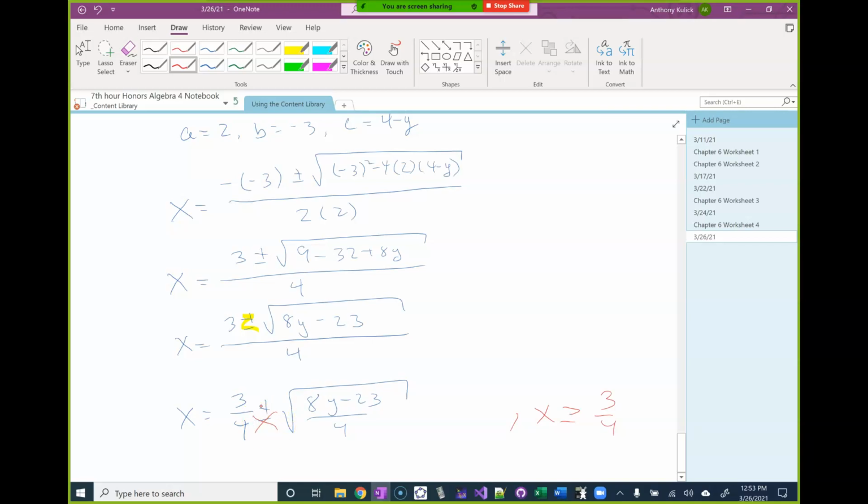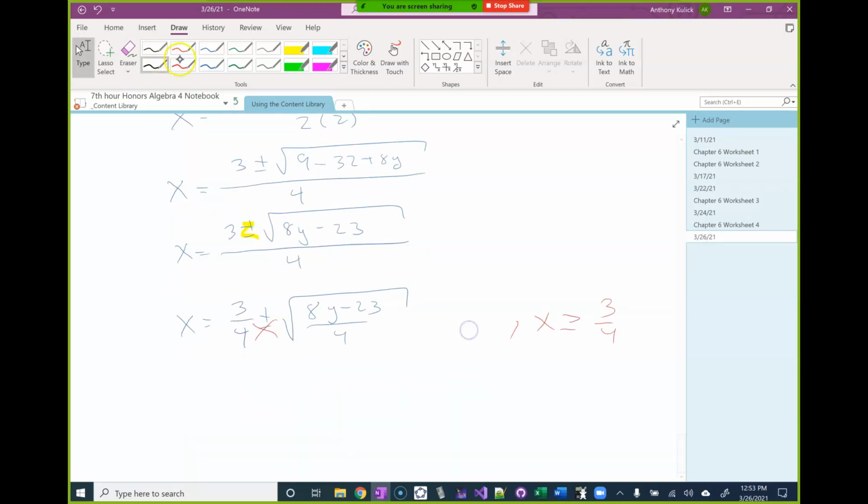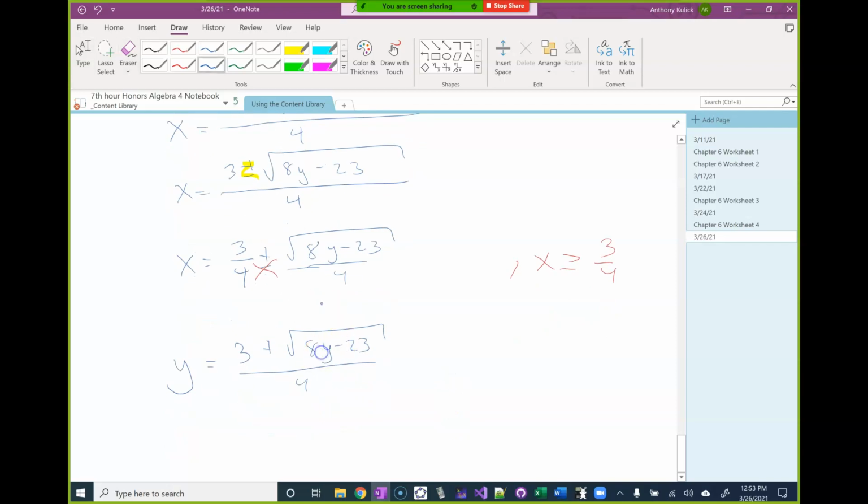I'm going to rewrite that all, and I did a bad job here. It should look like that, and that should be my x. So I would say f inverse of x is equal to 3 plus root 8x minus 23, all over 4. Shaboom!